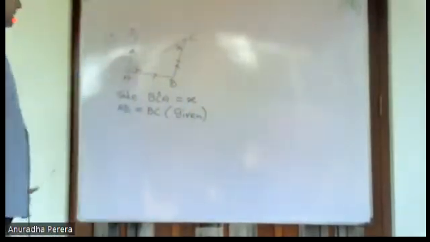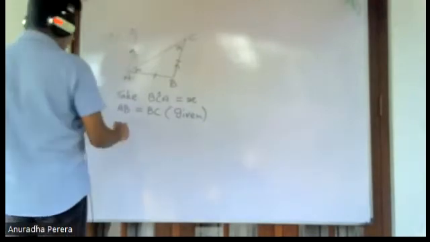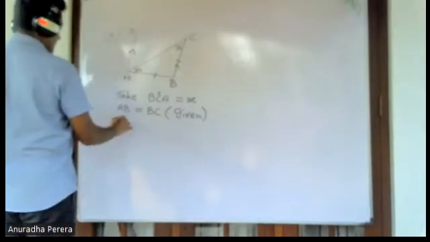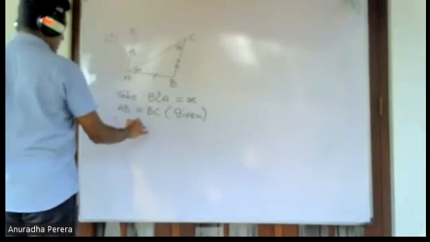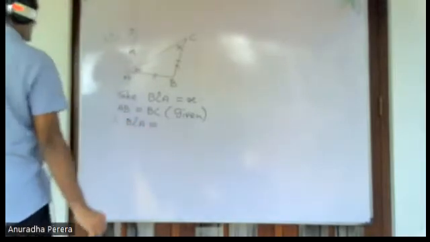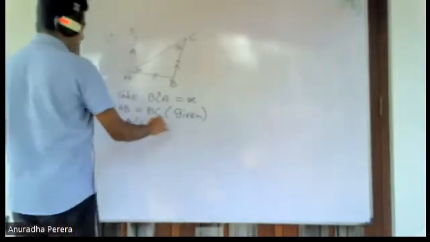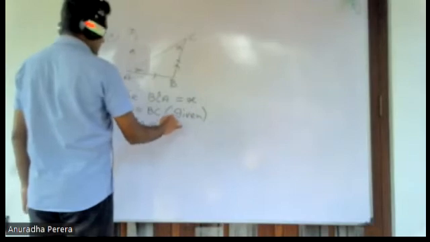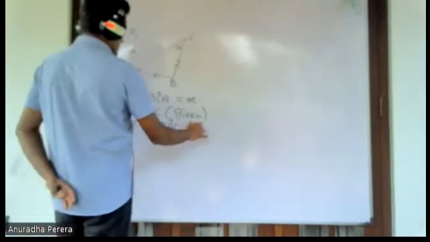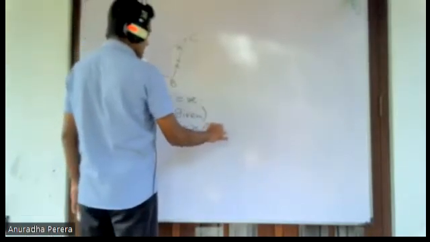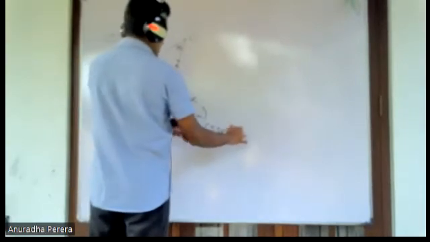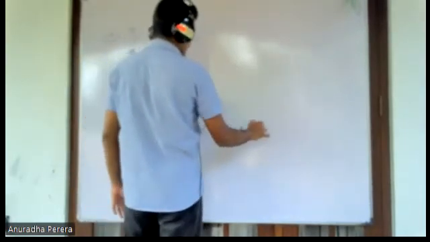AB equals BC is given. Therefore, BCA equals BAC equals x. Reason: isosceles triangles theorem.